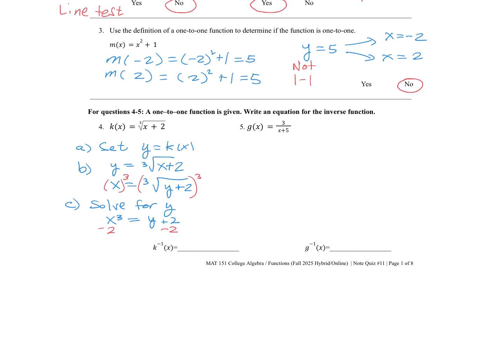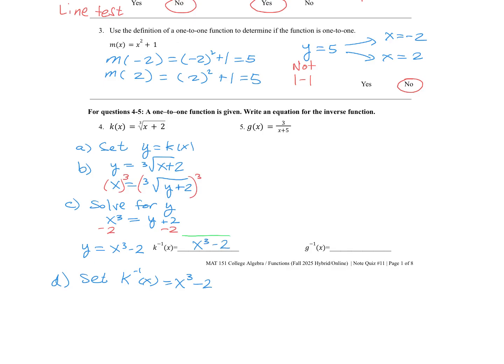And that takes us down to y is equal to x cubed minus 2. The final step is just to set your inverse notation, which is written with a -1 superscript. It is not a power or reciprocal. Set it equal to what you got, which is x cubed minus 2. So for this problem here, our inverse function is x cubed minus 2.